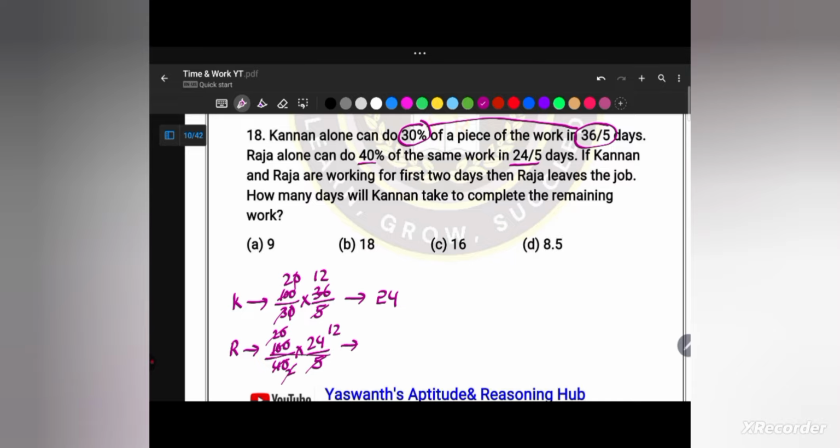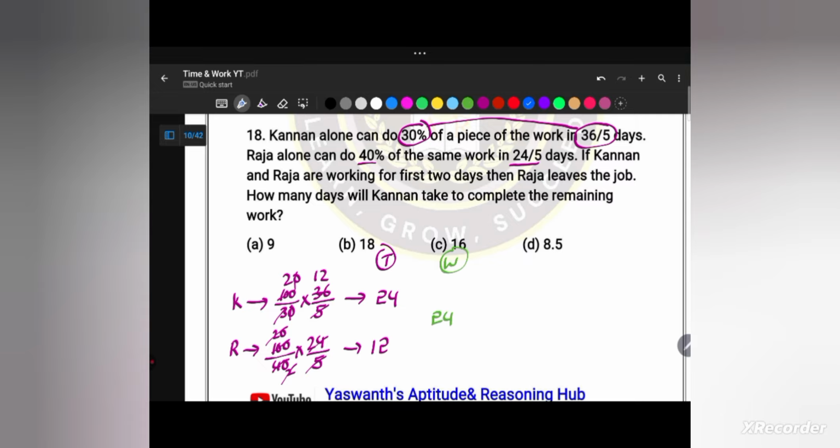So Raja will be taking 12 days. So we will find out the time periods. The next is similar: we will be finding the work, which will be the LCM of the time periods. Clearly the work will be 24.